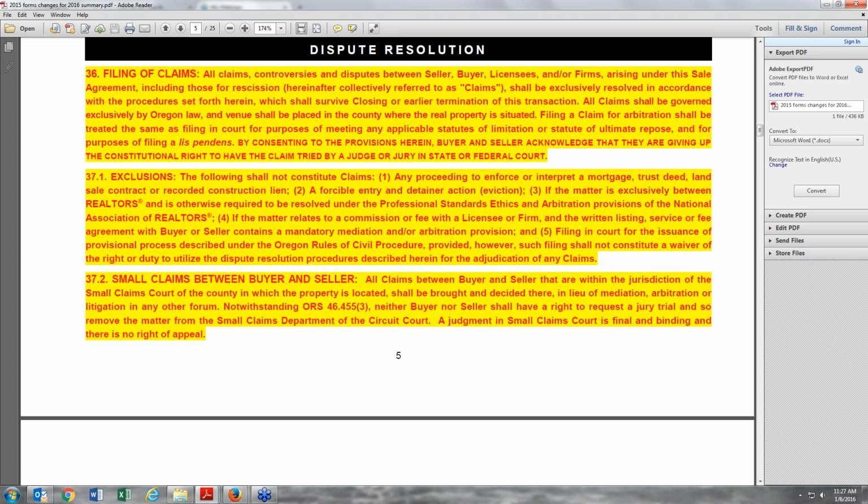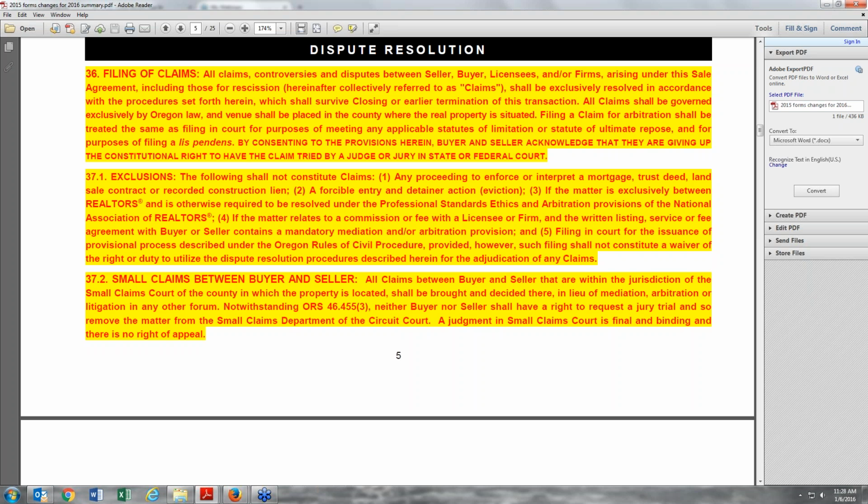If it relates to a commission or a fee, then the MLS listing agreement will determine the form of dispute resolution. And then there's one other major exception that is probably not one that most of you are familiar with: if a court or a party needs what's called provisional process, like a temporary restraining order or something like that, they can still use the courts for that. That would be a rarity, but that would be the fifth exception.